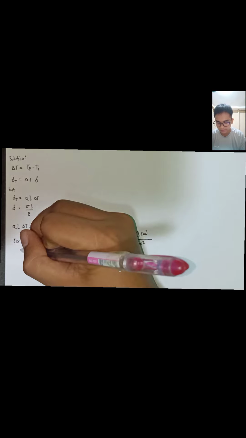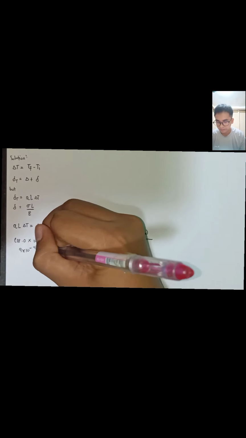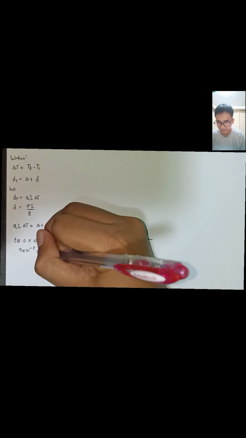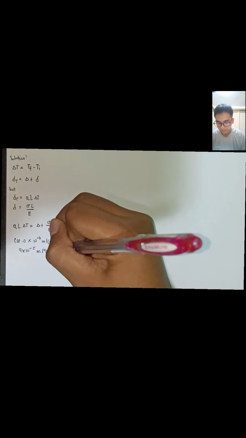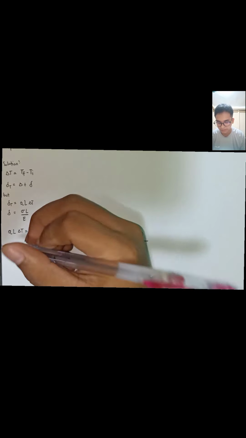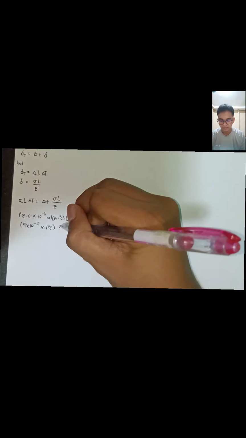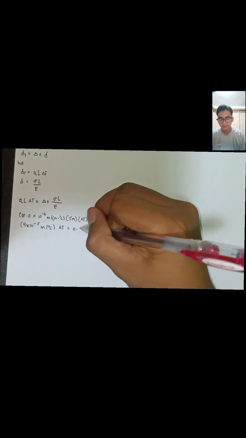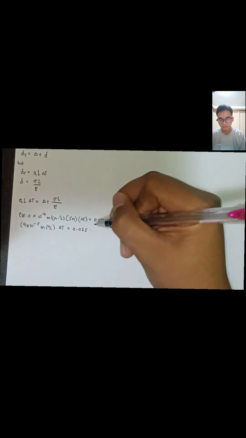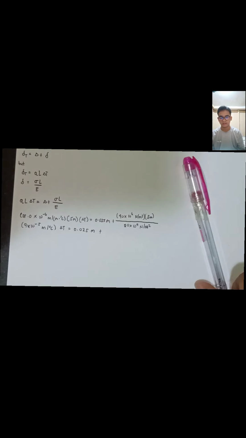So, 9 times 10 raised to negative 5 meter over degrees Celsius times change in temperature. Write down muna natin to. Yung gap 0.025 meters plus, so solve ulit natin to.